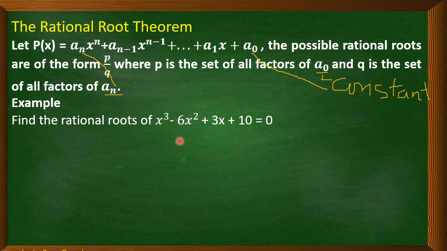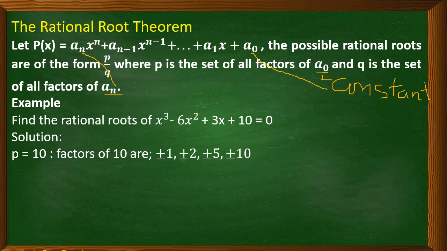First, we have to determine the value of p, or the constant term. So we have here 10. Next, determine the factors of 10. Factors refer to numbers that, when multiplied together, give the given number.